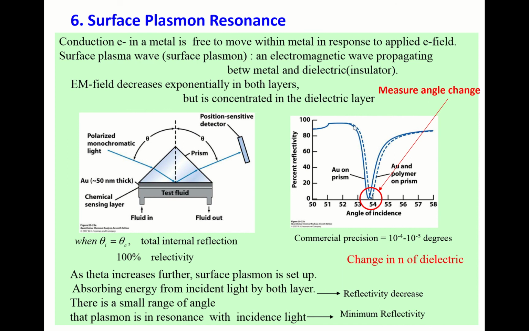The pattern is the same, but when the other side of the gold surface is coated with foreign species, then the resonance angle changes a little bit, much less than 1 degree. So by measuring this angle change, you can have information about the species coated on the other side of the gold surface.